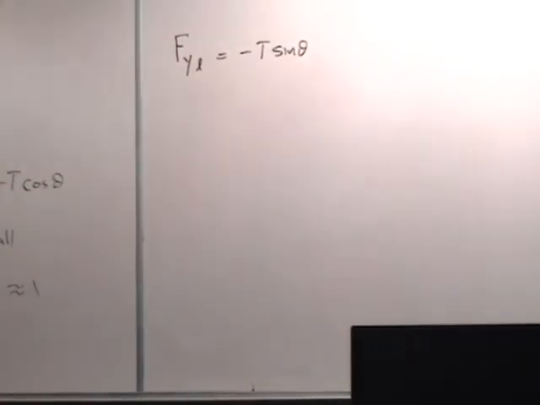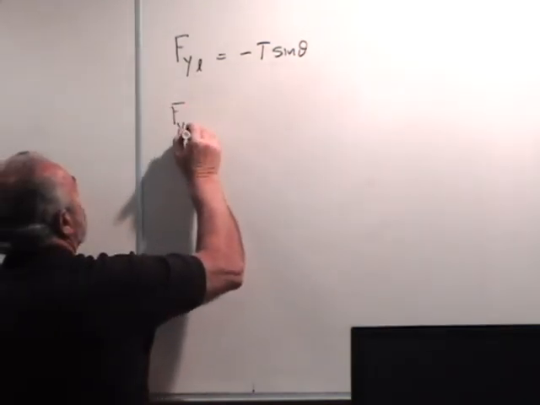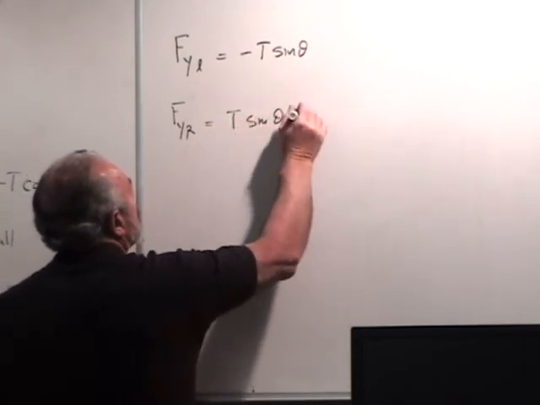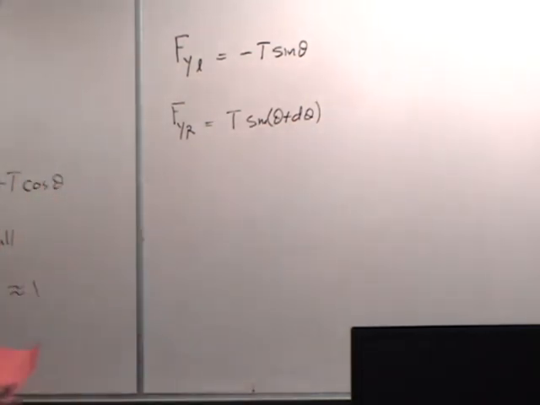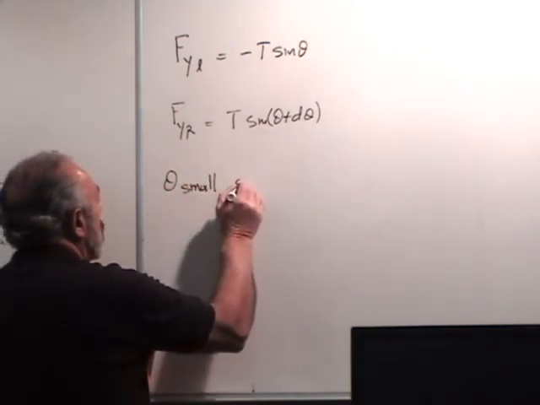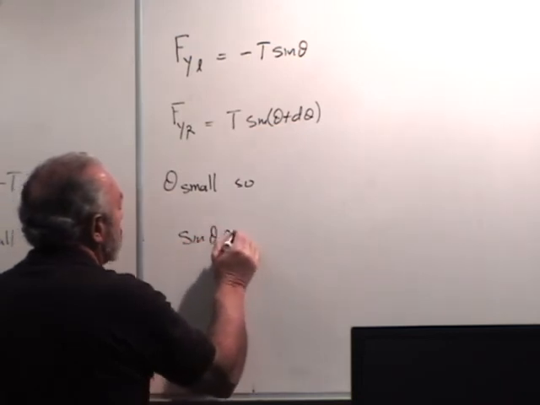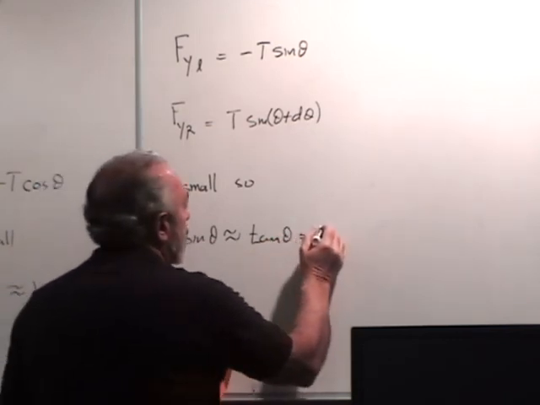And from the right-hand side, if we're looking at this little element on the right-hand side, the force is now up. A very similar equation, F in the y from the right, is going to be plus T sine theta plus d theta. But again, theta is small, so sine theta is approximately tangent theta, which is dy dx.